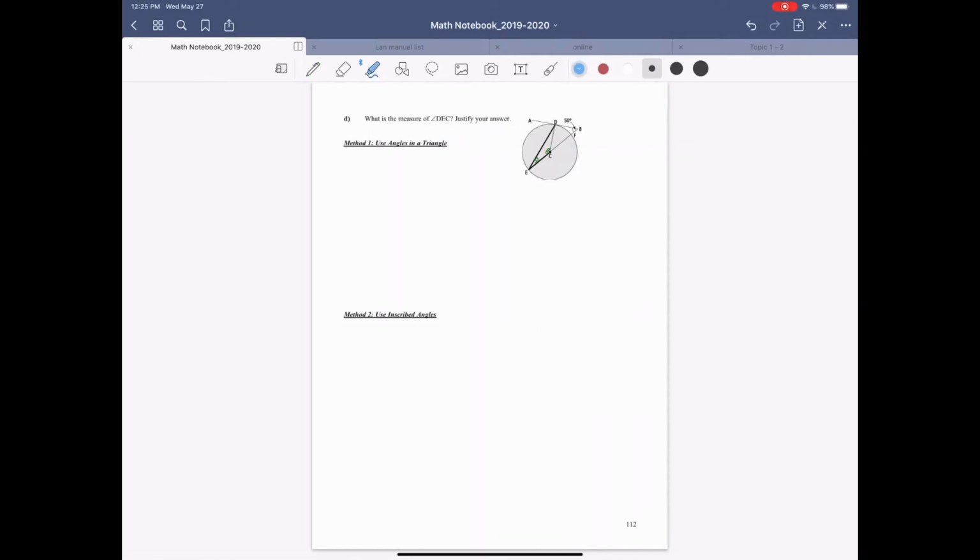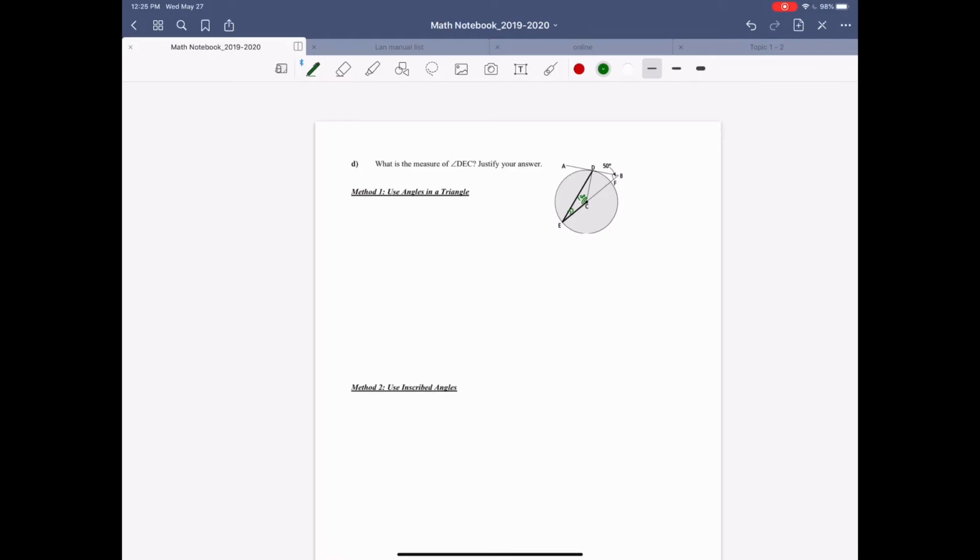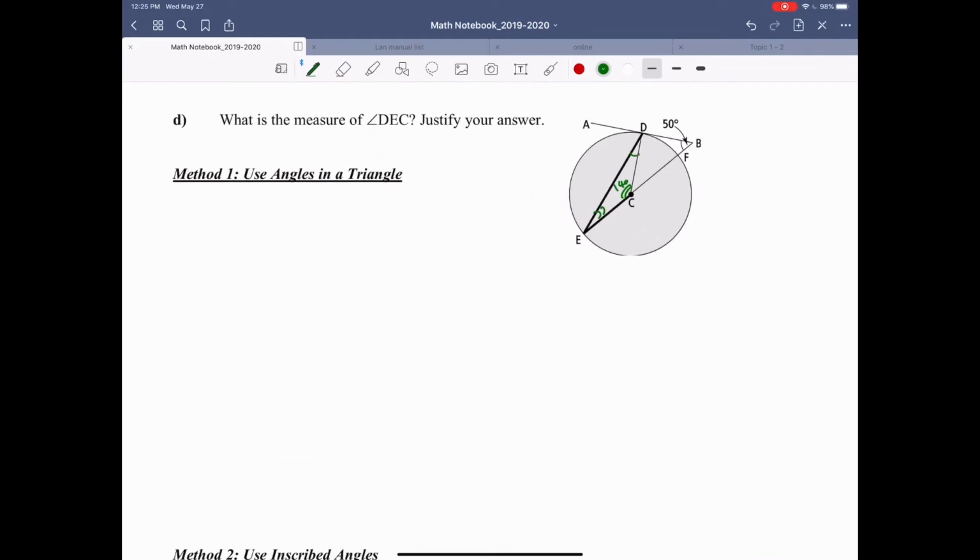All right, so next question, what's the measurement of angle DEC? From the previous question, we know that this is 140 degrees here, angle C. And this is an isosceles triangle. So 180 minus 140 gives you 40, which is the combination of angle D and angle E because they are the same.